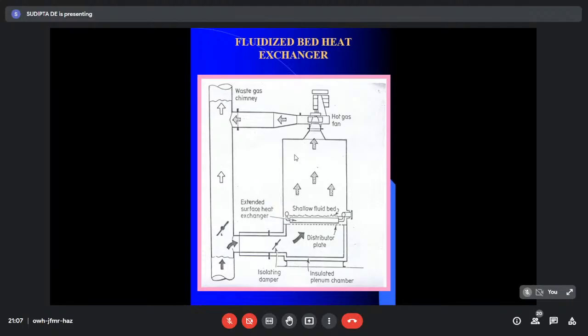However, this may cause severe erosion, as solid particles impinge on the heat exchange surface.